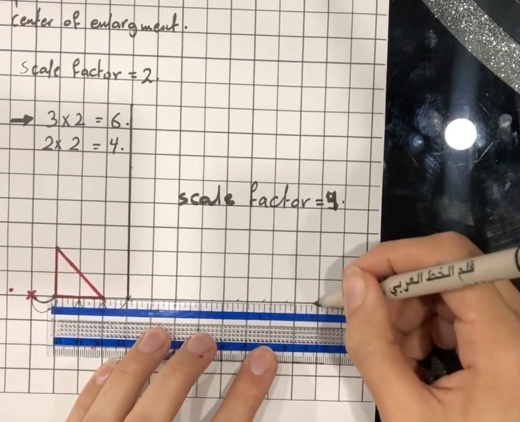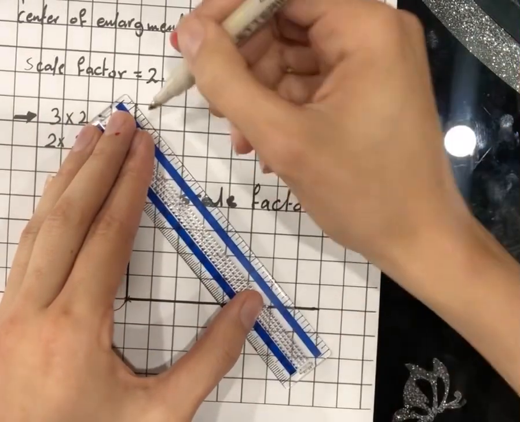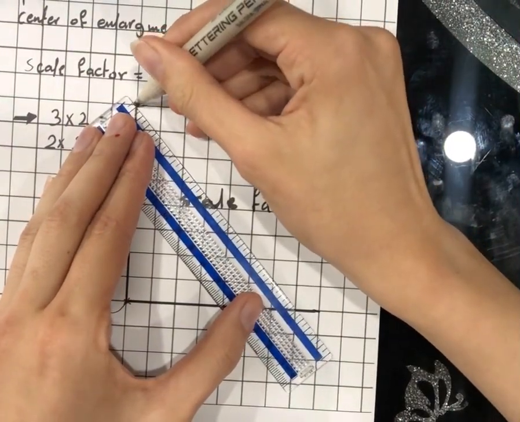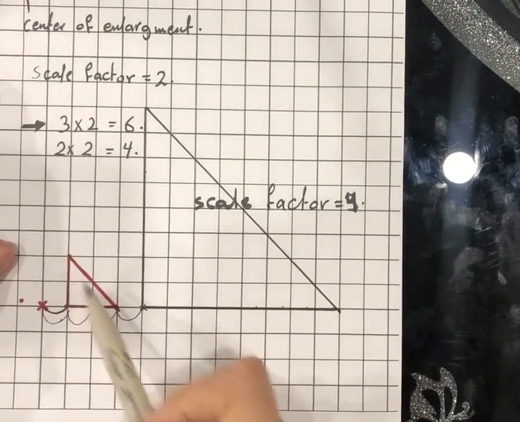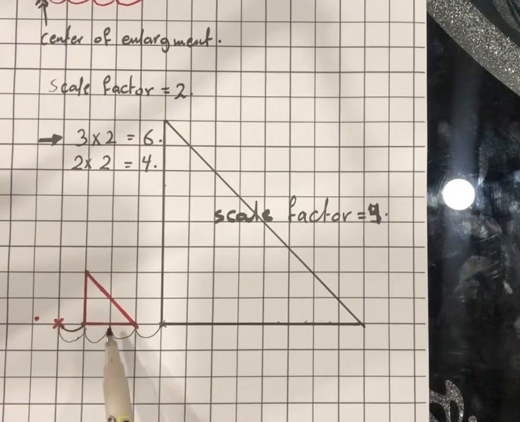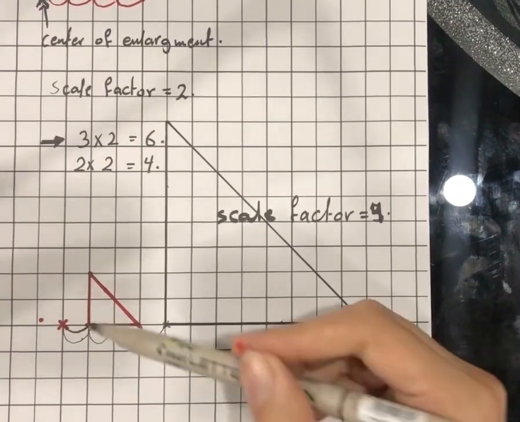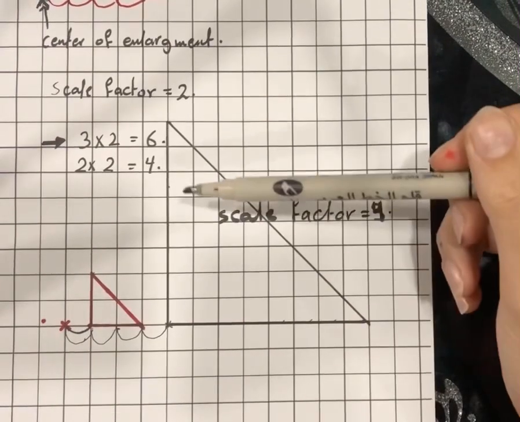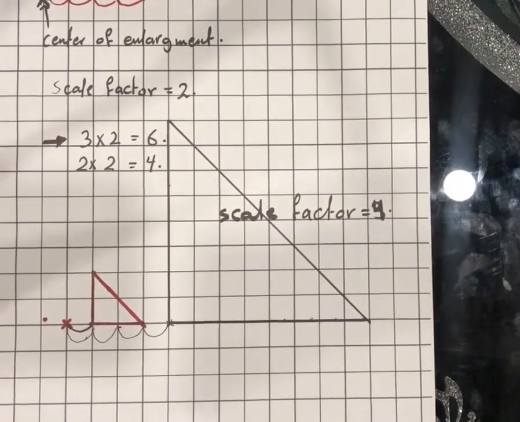Of course, I only need to take the height of the triangle and the base of my triangle. I do not need to multiply the length of the hypotenuse by the scale factor. So here I said the base is 2 centimeters times 4, which is 8. The height is 2 centimeters multiplied by the scale factor. It will also be 8.